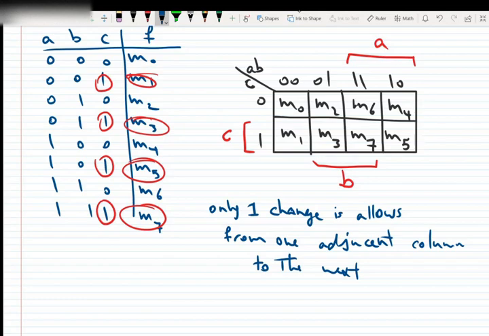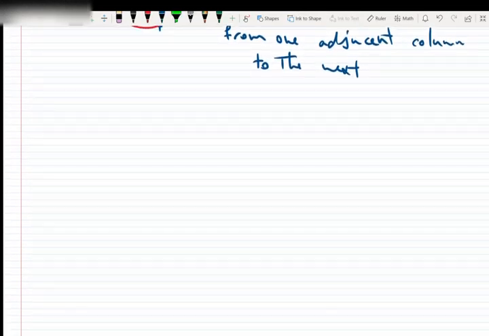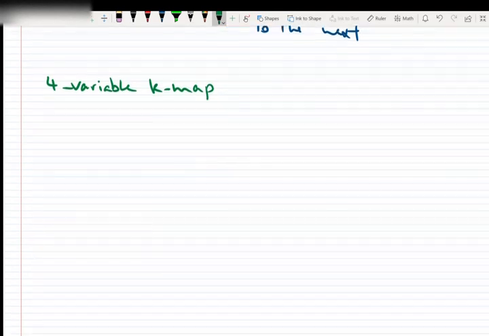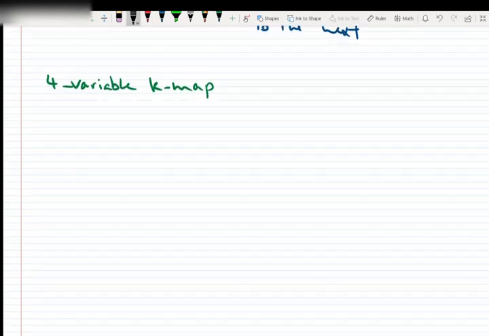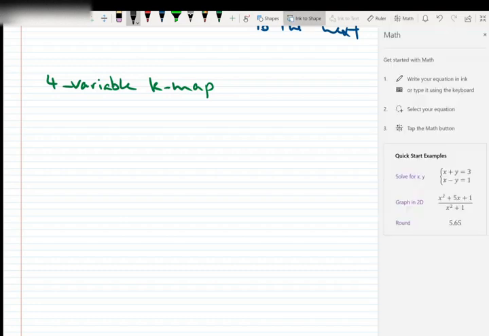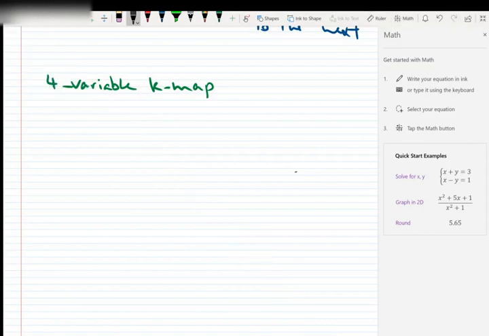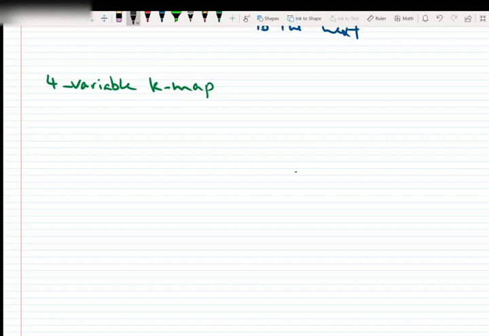Now we see a four variable K map here. We need 16 cells, so we use this K map.